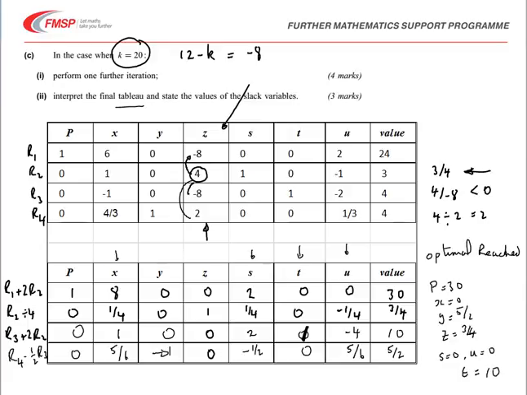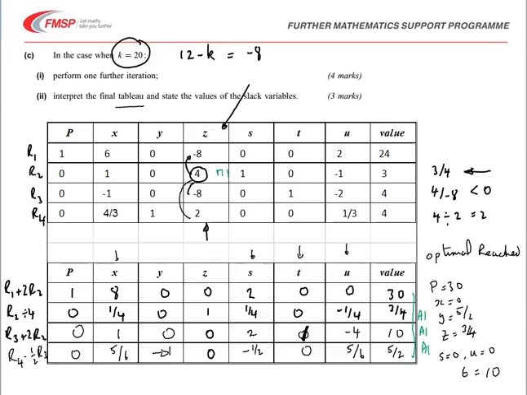Okay, so that's the end of the working. For the marking, 4 marks for doing the second iteration, a method mark for getting that pivot correct, and then 3 marks for the correct values in these rows that we had to calculate, so as doing the row operations.